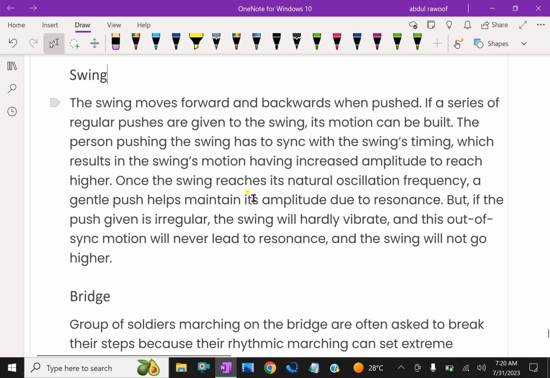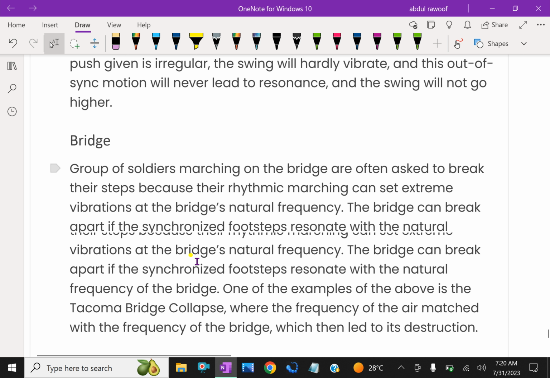Once the swing reaches its natural oscillation frequency, a gentle push helps maintain its amplitude due to resonance. But if the push given is irregular, the swing will hardly vibrate, and this out of synchronous motion will never lead to resonance, and the swing will not go higher.